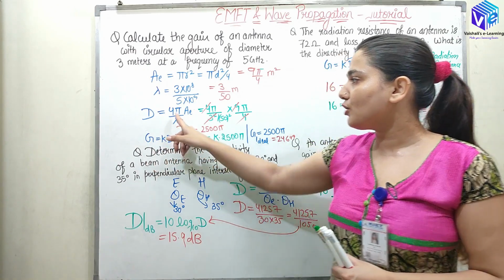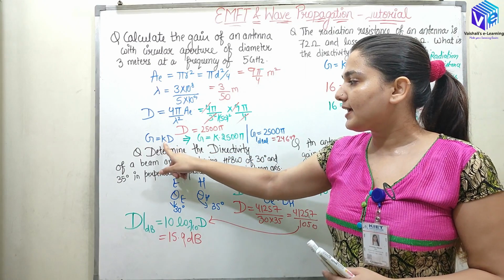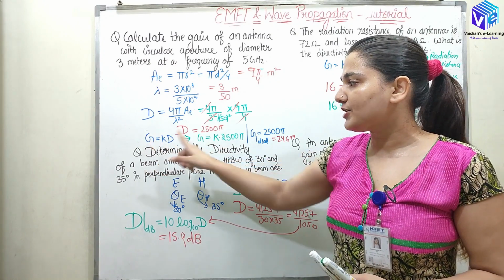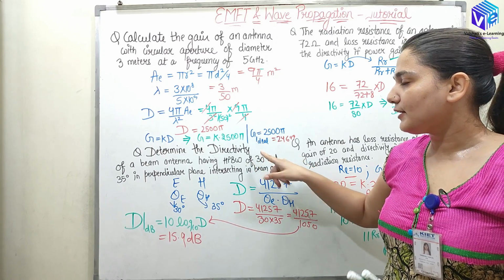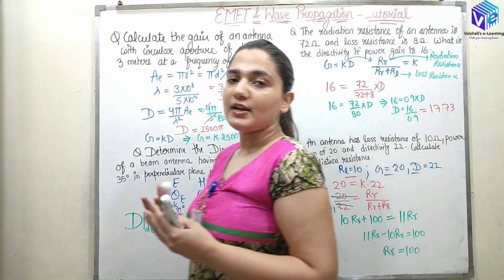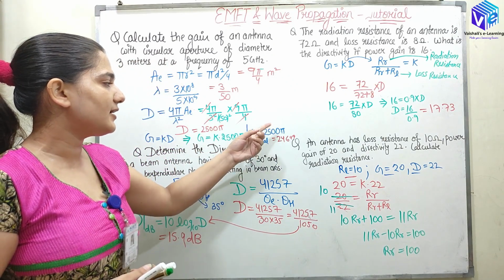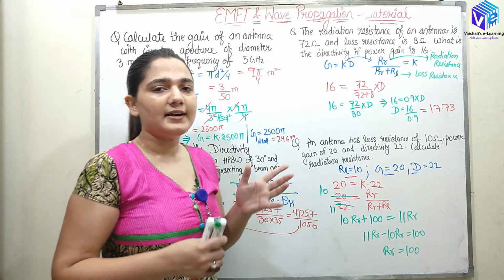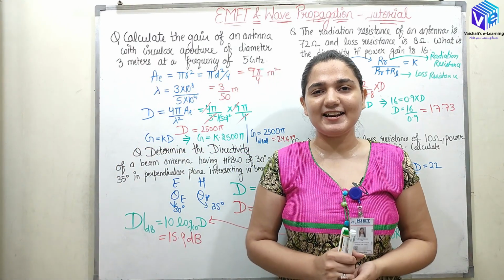So directivity is equal to 4 pi upon lambda square AE, and I told you whenever K is not given we can find out G in terms of K only, and the G of ideal scenario we can find out in the case of RL is 0 and K is equal to 1. So when I considered K is equal to 1, we can find out G of ideal. So I hope you understood each and everything.